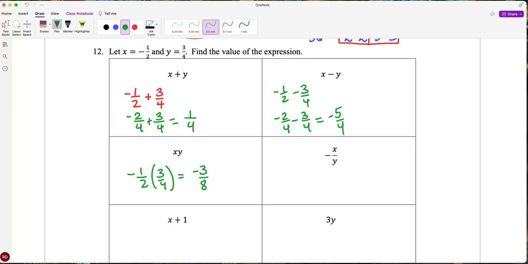Negative x over y, so this is negative of negative 1/2 over 3/4.